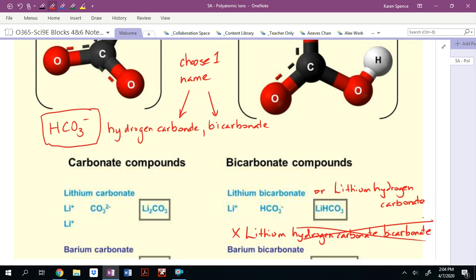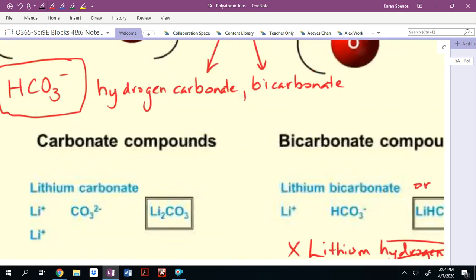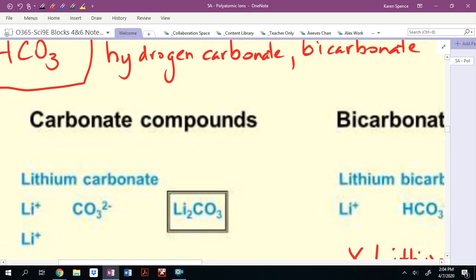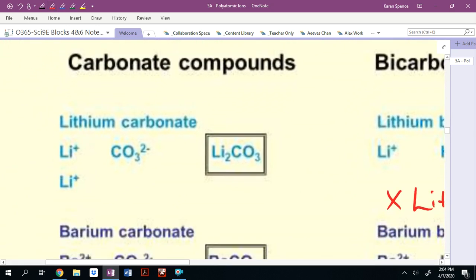So just looking at our balanced charges, we'll first take a look at the carbonate compounds. That's the carbonate without the extra hydrogen. Carbonate has a 2- charge. Lithium is in column 1, group 1 of the periodic table, so it has 1 valence electron.